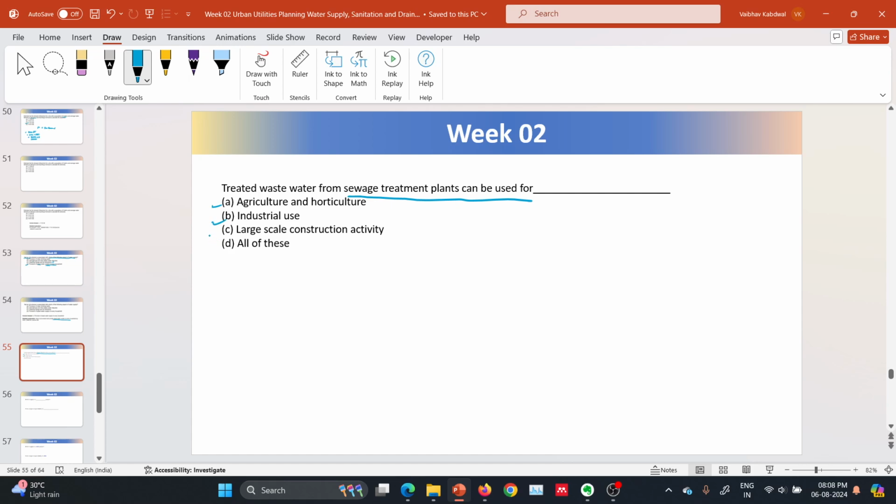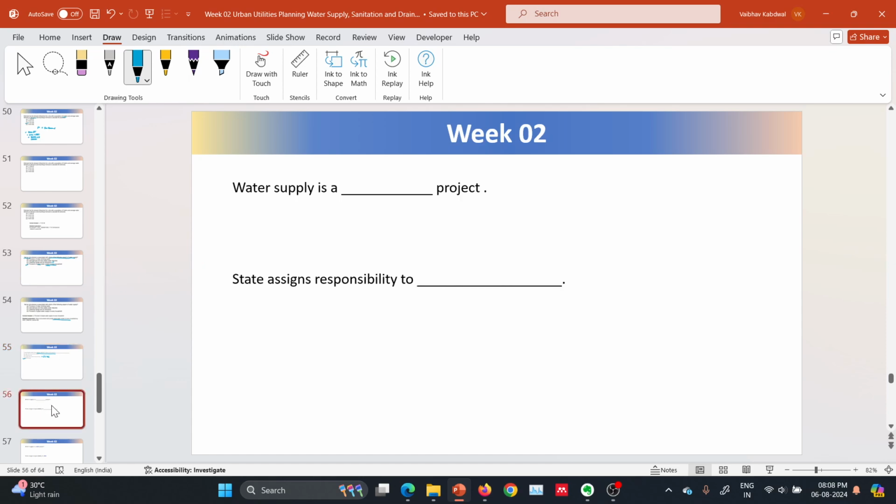It can be used for large scale construction activity, if it follows IS 456 or some other building construction codes. So all of these. So the answer is D.